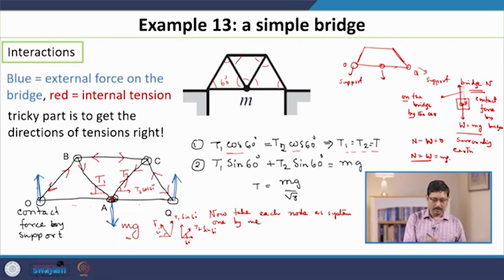So, these 2 vertical components must balance this downward force mg by the car on the bridge. So, this is not the weight of the car, it is the contact force by the car on the bridge.